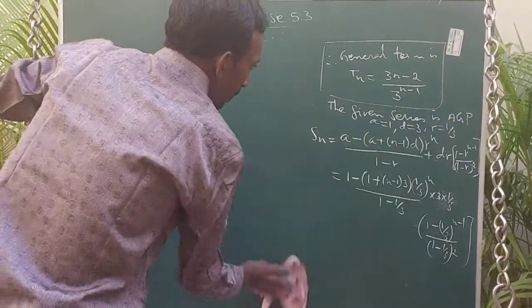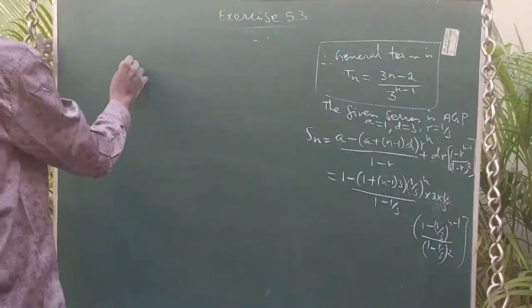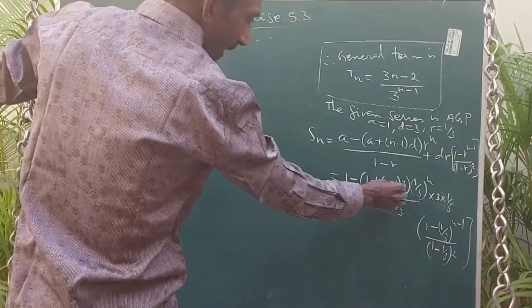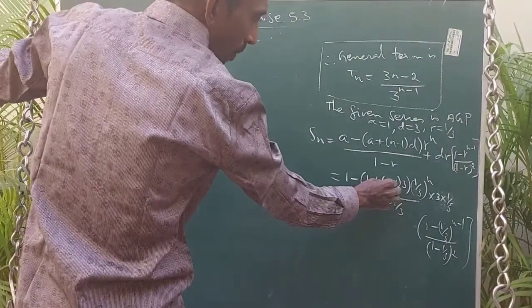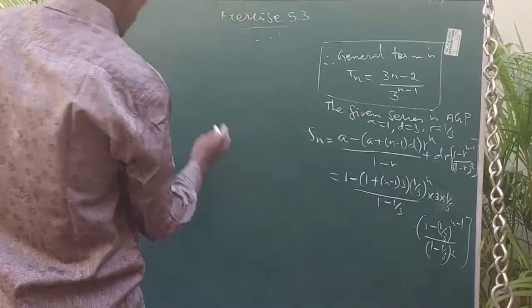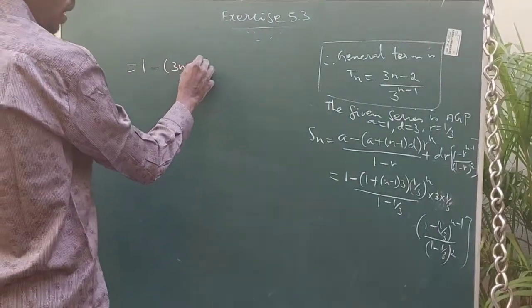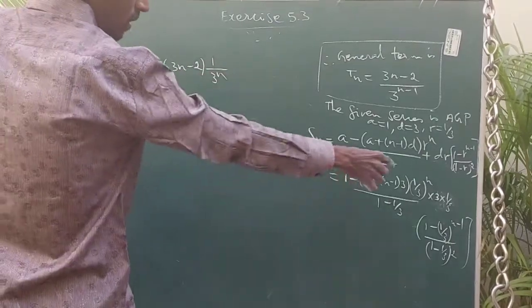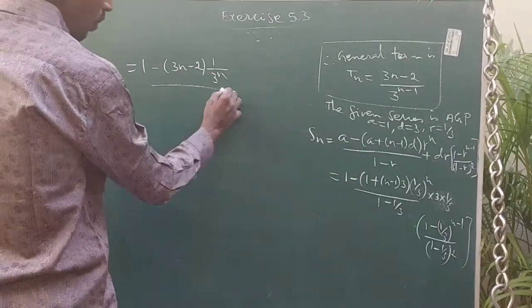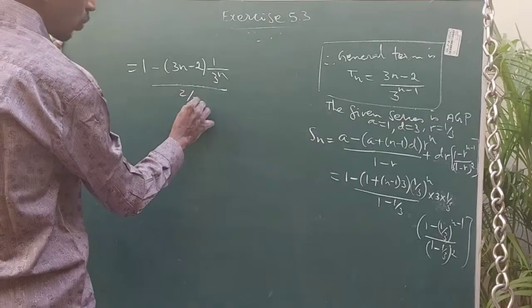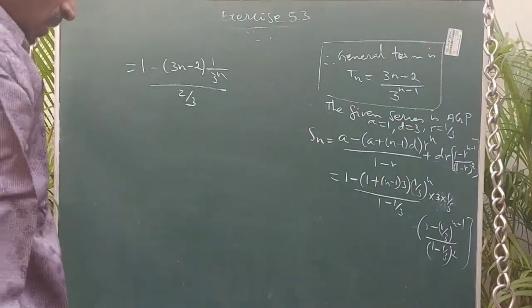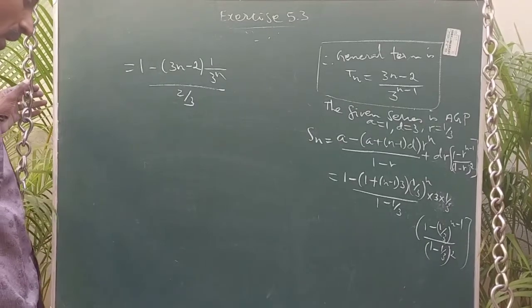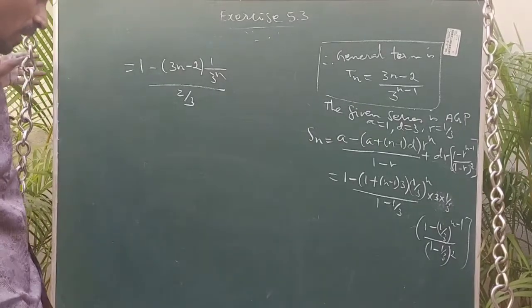So look here. If we multiply inside, 3n minus 3, 3n minus 3 plus 1. So it is 3n minus 2 into 1 power 3n, by 1 minus 1 by 3, that is 2 by 3. Are you clear? So 1 minus 3n minus 2 into 1 by 3 power n by 2 by 3.